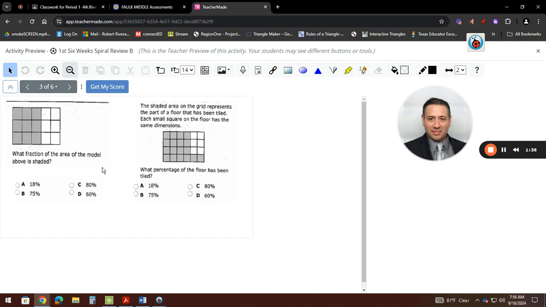Okay, so they want to know a fraction that's shaded.